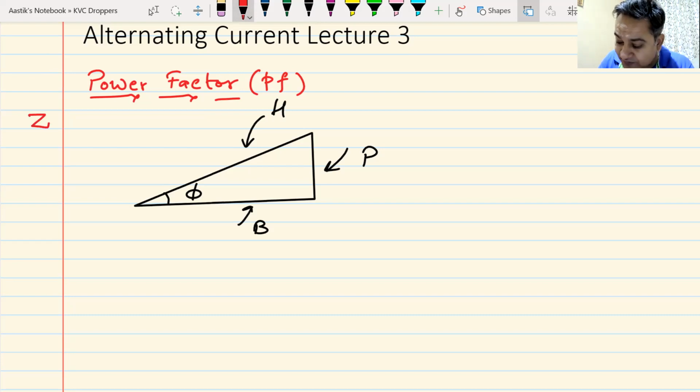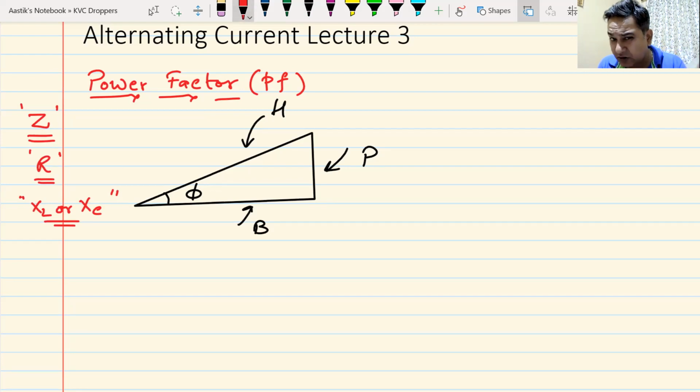The first term is Z, which is the impedance. The second term is R, which is the resistance. And the third term is XL or XC, which we called as reactance. XL is inductive reactance, XC is capacitive reactance, but they all come under the category of reactance. I hope I am making some sense.